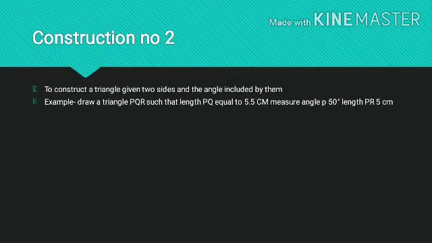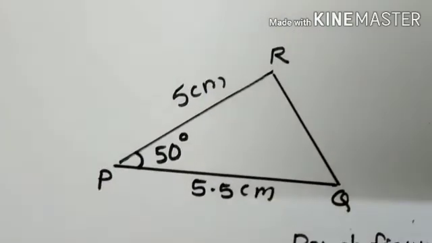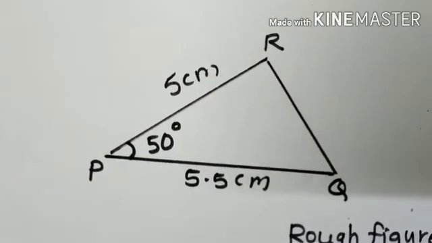Number 2. To construct a triangle given 2 sides and the angle included by them. Example, draw triangle PQR such that length PQ 5.5 cm, measure angle P 50 degrees and length PR 5 cm. A rough figure has been drawn showing given information.